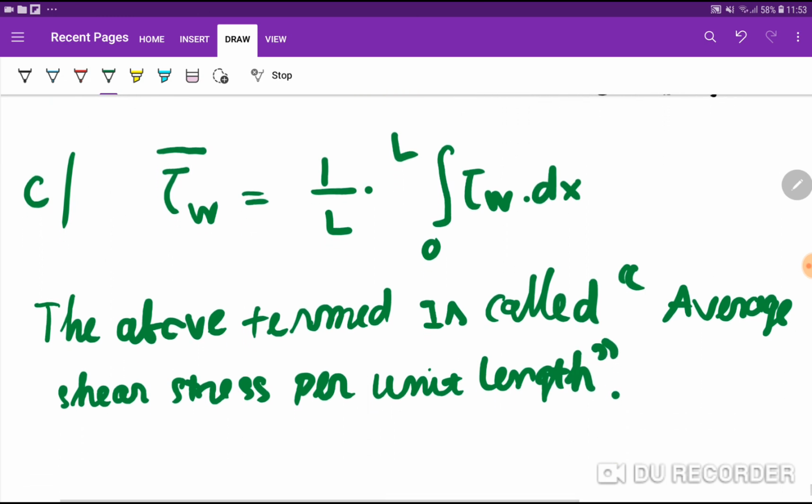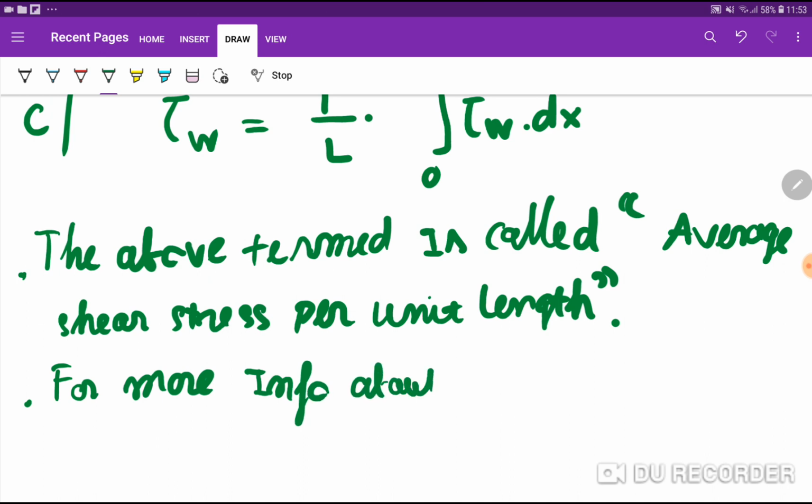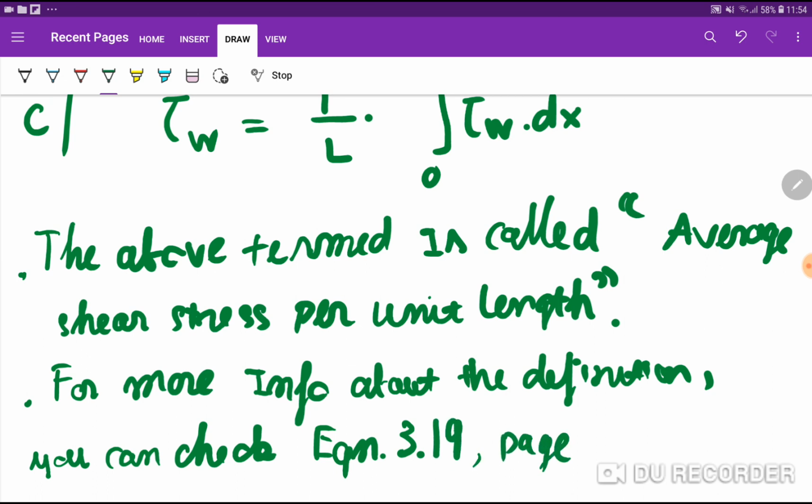If you want to read more about the definition, you can check equation 3.19, page 127. And if you use the electronic copy, it should be page 146 out of 907.